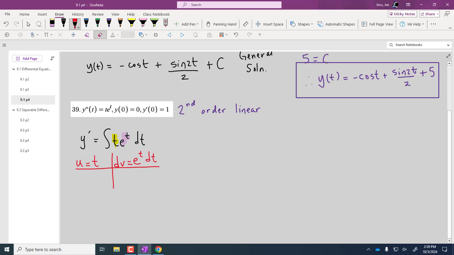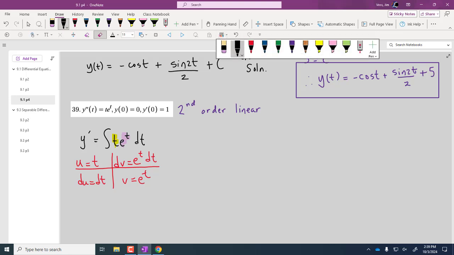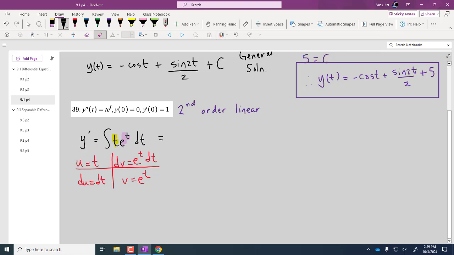So then we're going to differentiate the left column and integrate the right column. Then we're going to do our ultraviolet voodoo thing.